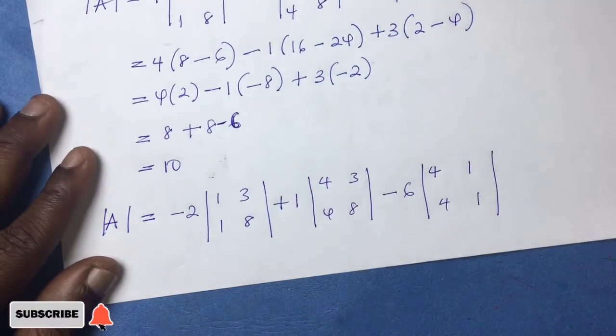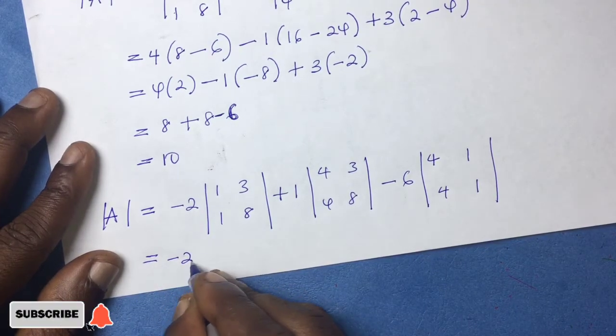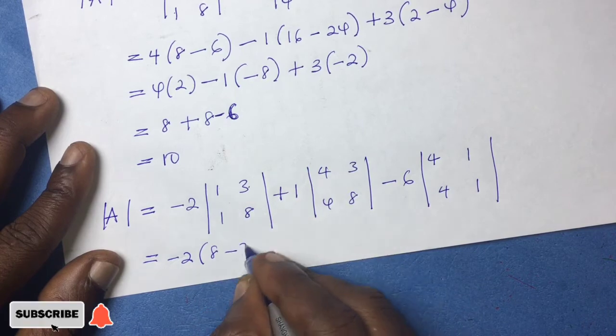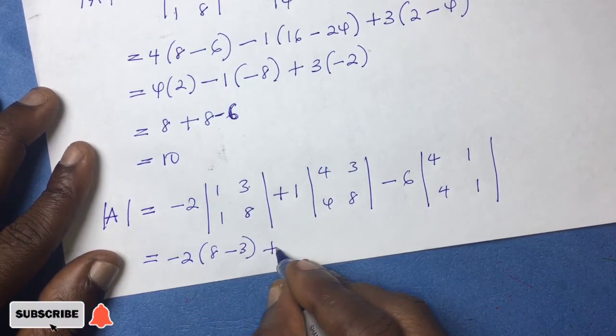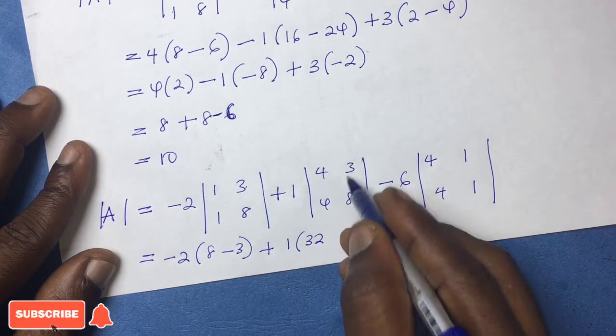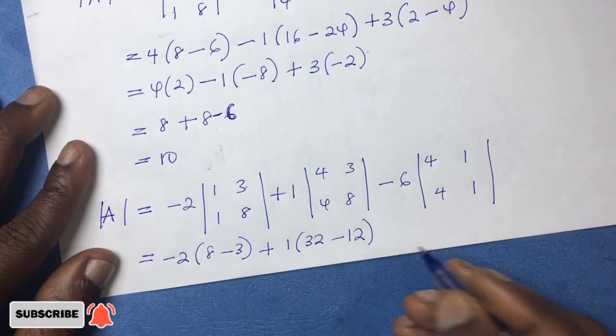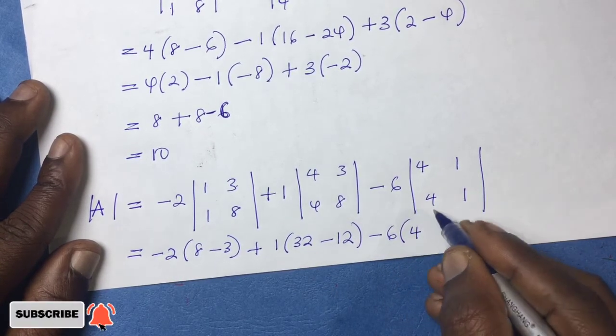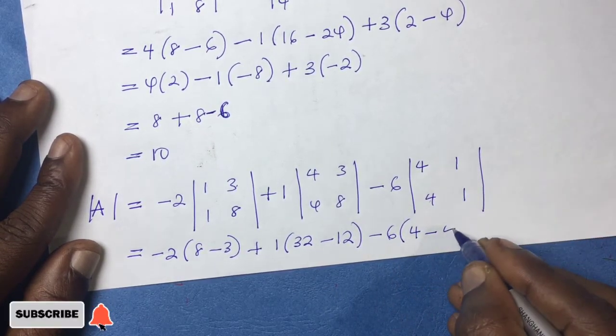Now let's see if it will obtain the same result. So this is minus 2 in bracket, 8 times 1 is 8, 1 times 3 is 3, so that is 8 minus 3. Plus 1 in bracket, 4 times 8 is 32, 4 times 3 is 12, so 32 minus 12. Then minus 6 in bracket, 4 times 1 is 4 minus 4 times 1 is 4.